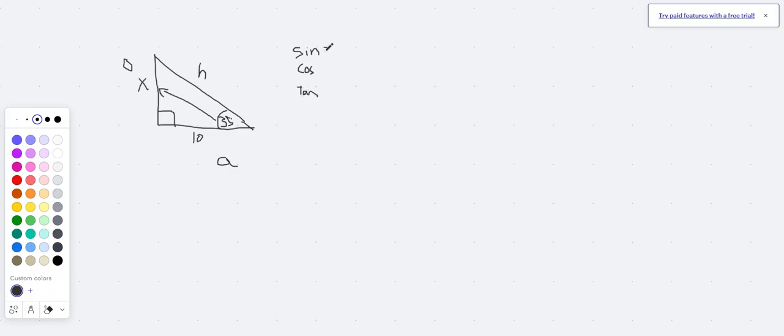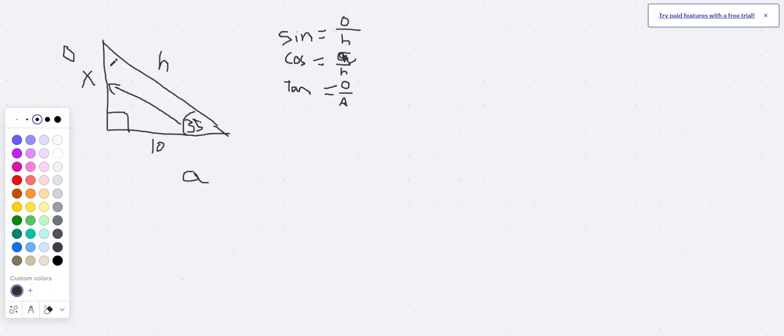So for sine, it's opposite by hypotenuse. For cos, it's adjacent by hypotenuse. And tan, it's opposite by adjacent.